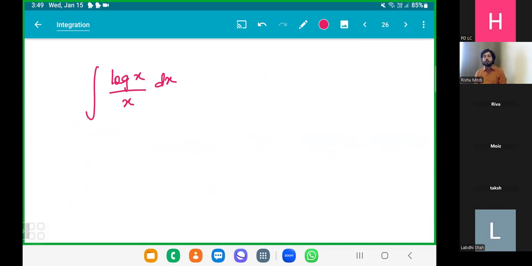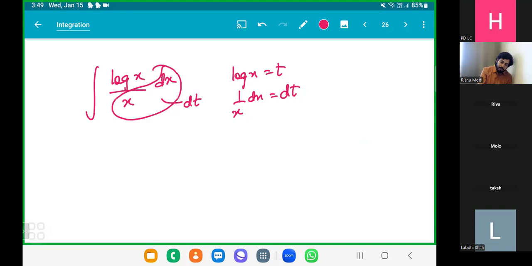Here my substitution will be log x as t because the derivative of log x will be 1 upon x. I take the derivative, this will go away and become dt, and this will become t. So you take that term as t whose derivative will go along with dx.